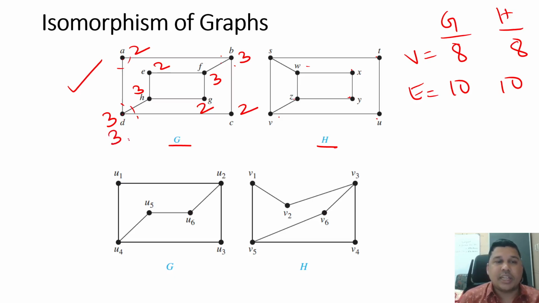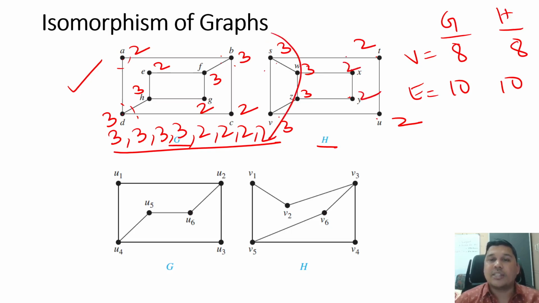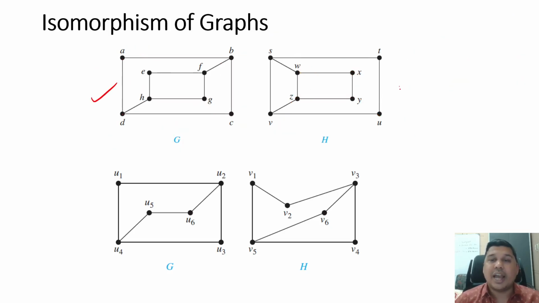There are four 3s and four 2s. This is the degree sequence of the first graph. For the second one, you calculate: this is 3, this is 2, this is 2, this is 3, here also 3, it is 3, it is 2, it is 2. Yes, four 3s and four 2s. So the degree sequences are also the same. So we found out that these two graphs G and H are isomorphic to each other.